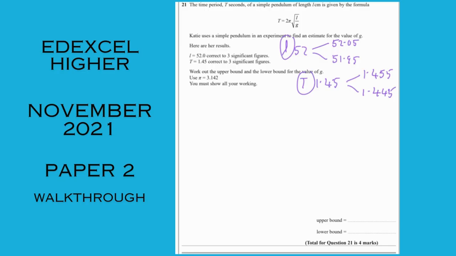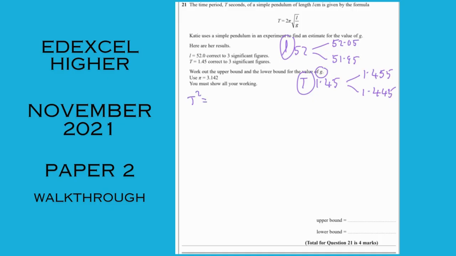Now, weirdly, it's one of those that's asked you to do a bit of rearranging, because work out the upper and lower for G. The formula does not say G equals. Okay, that's the bit. So we need to go back up here. Let's square both sides.